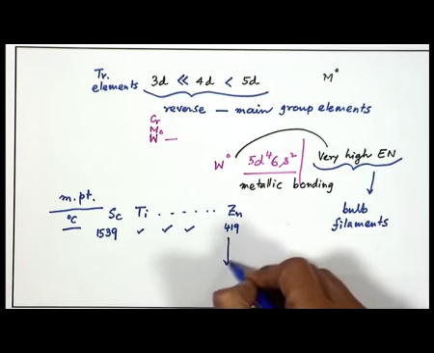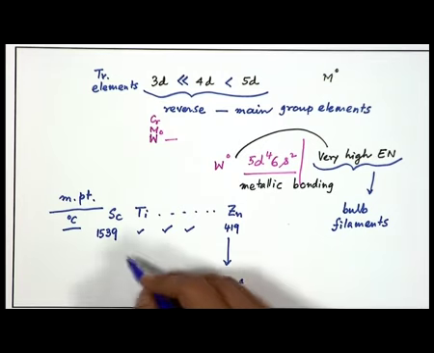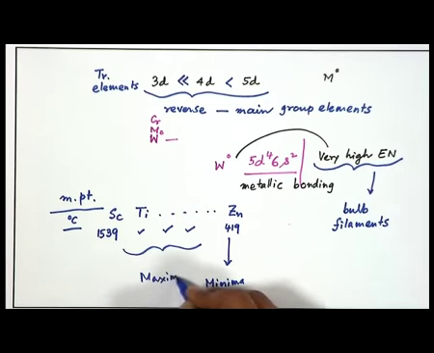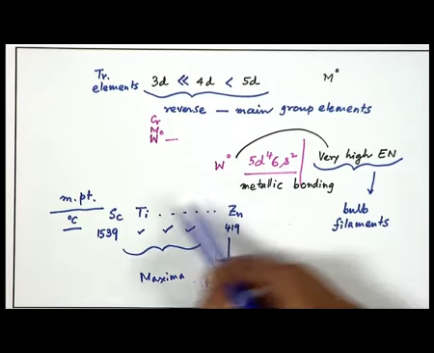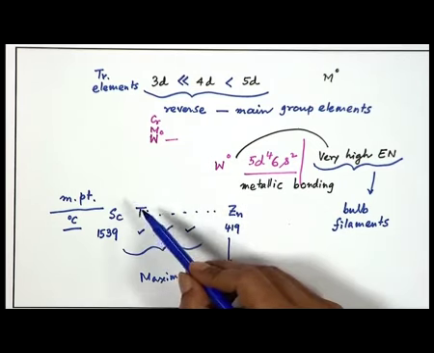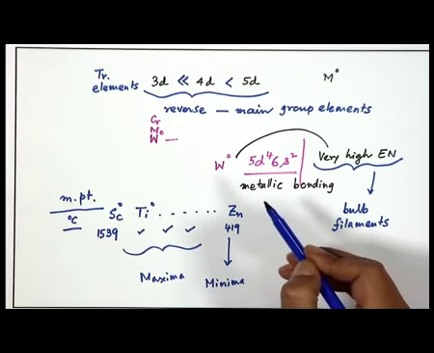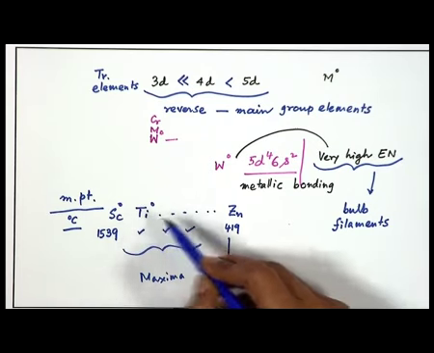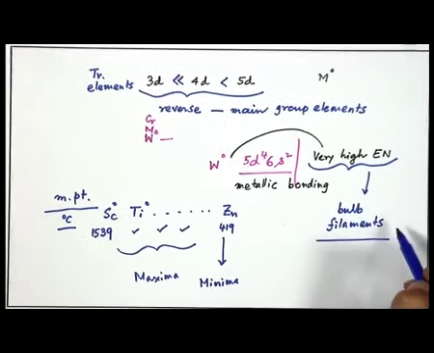So, the minimum will be found over here where the levels are filled, and the melting point maxima will be here for the transition metals. Thus we see the number of electrons in the elemental state, and we will not forget that all are in the elemental state, that means metallic scandium, metallic titanium, they have high melting point, high boiling point, and some uses related to the metallic state.